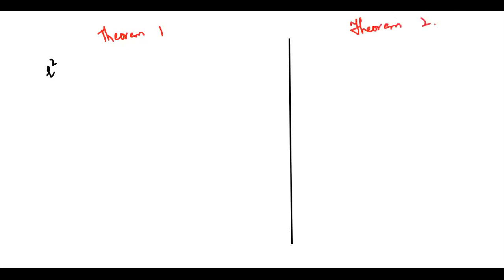Suppose if we have the characteristic equation as, this is how I am writing it. This is your theorem 1. Theorem 1 and theorem 2.